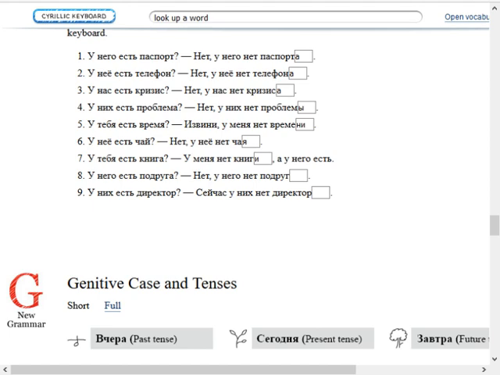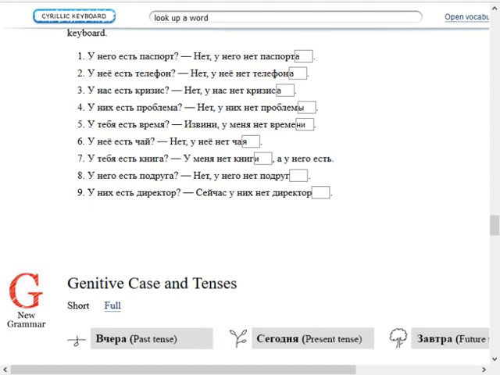Let me just make sure that before I say something dumb, I've got the right idea here. No, kniga. Yeah, okay, I see.